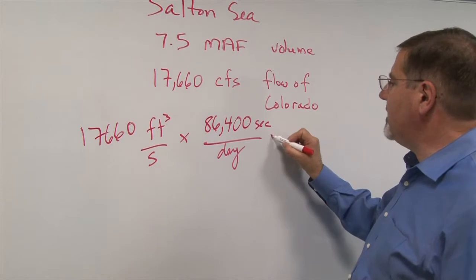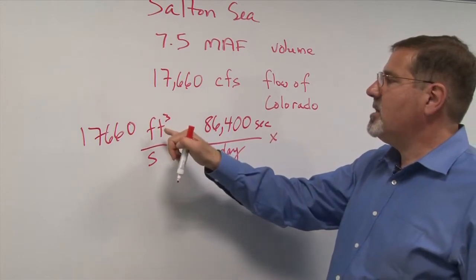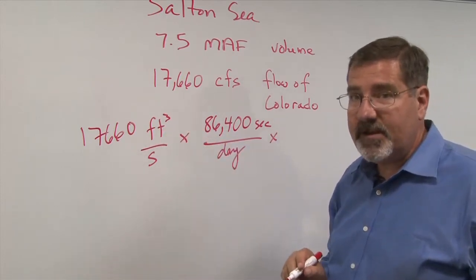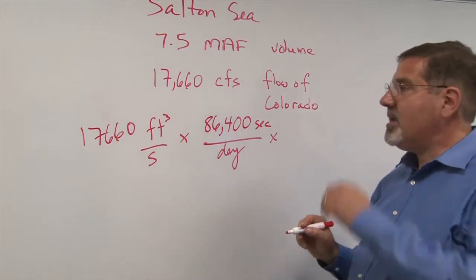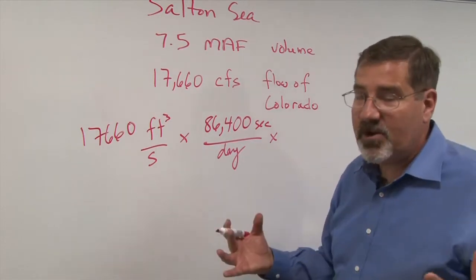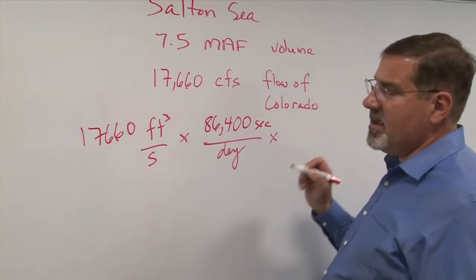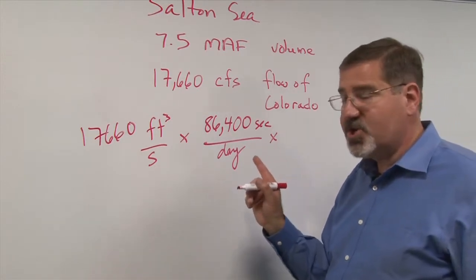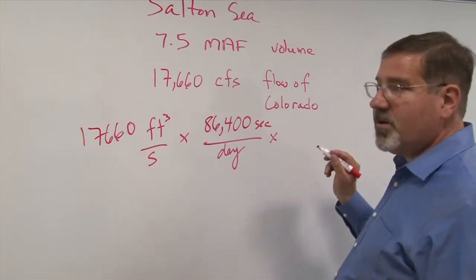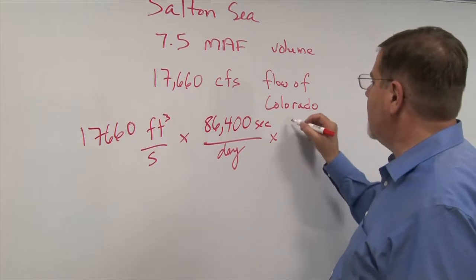And now what we want to do is we want to change cubic feet into acre feet. And so how many cubic feet is in an acre? Well, again, all of these numbers are on your conversion sheet, and that's 43,560.